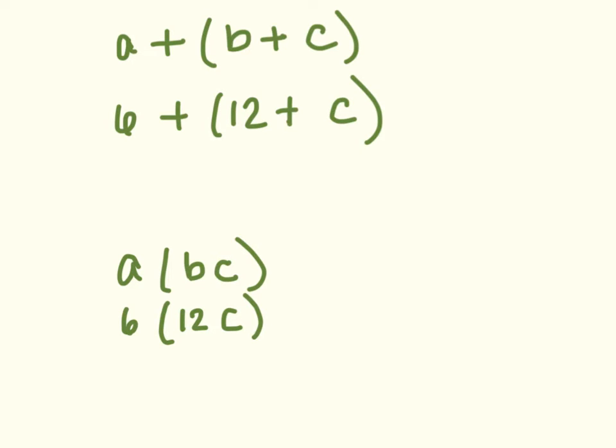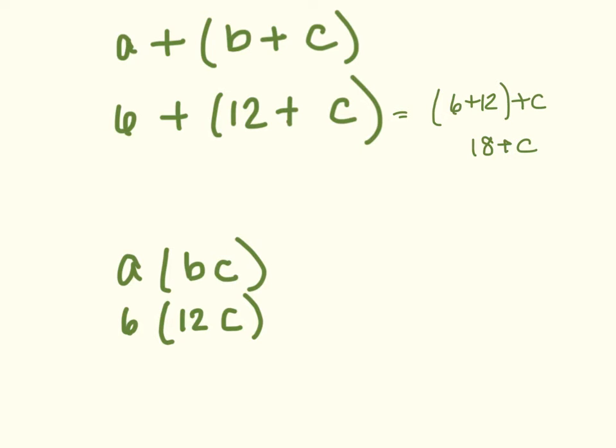But I could regroup them, and I could rewrite them as parentheses 6 plus 12 plus C, and then I could partially evaluate. I can't finish it, but it's 18 plus C, or C plus 18.